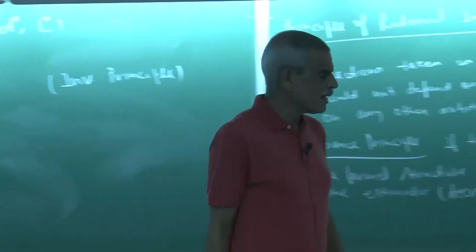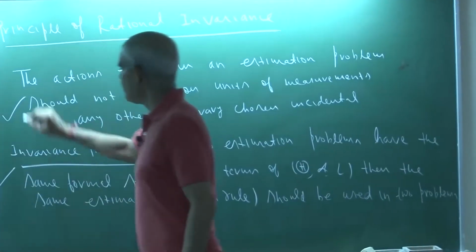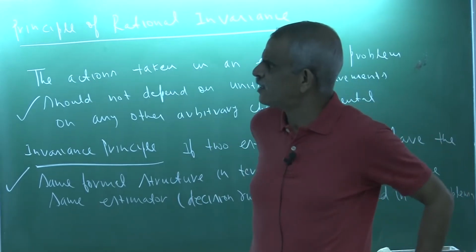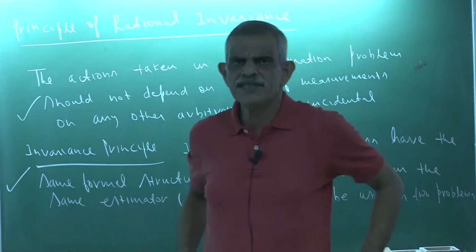What does the principle of rational invariance say? It says, in the first problem you are estimating theta, and in the second problem you are estimating theta plus 1.